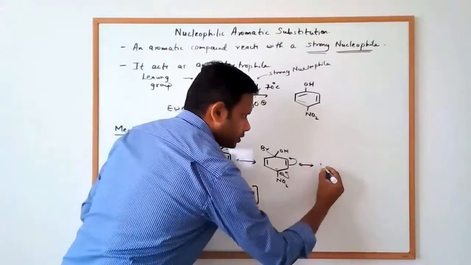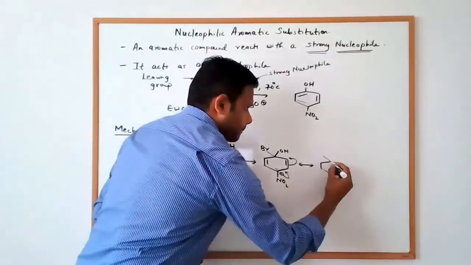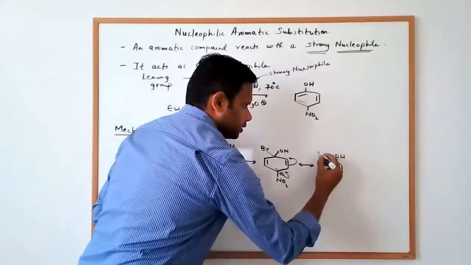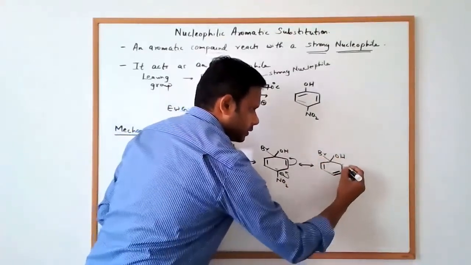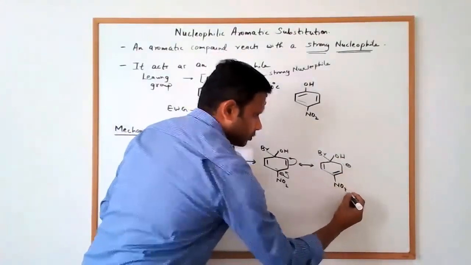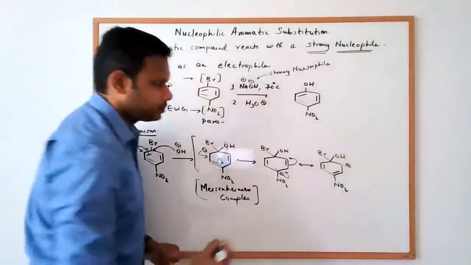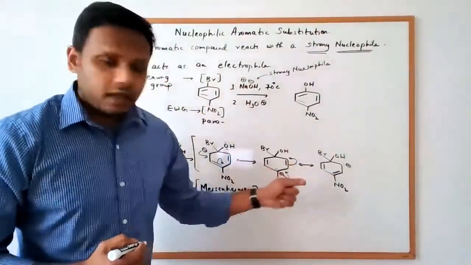We can push this over, get hydroxide, Br, double bond here, negative charge over there, nitro group is here, and we have the negative charge over there.